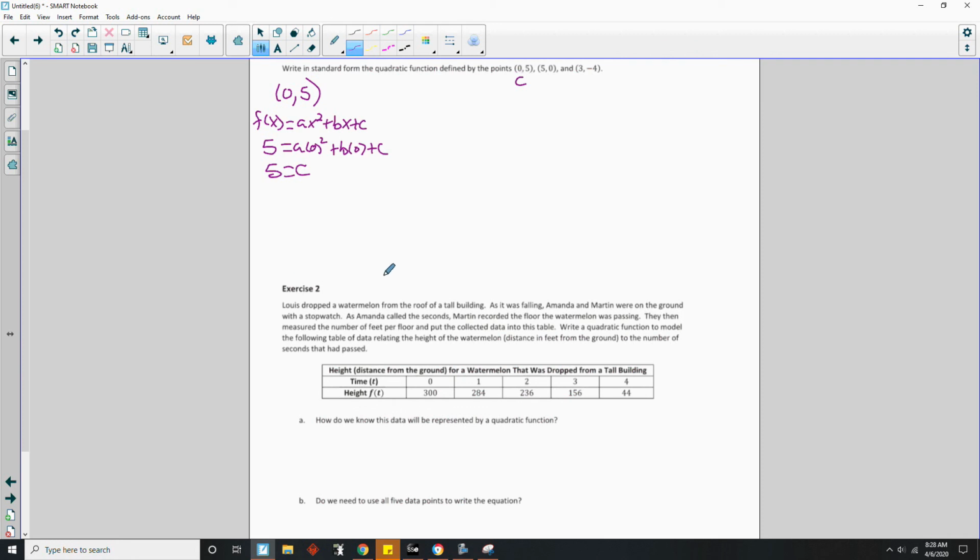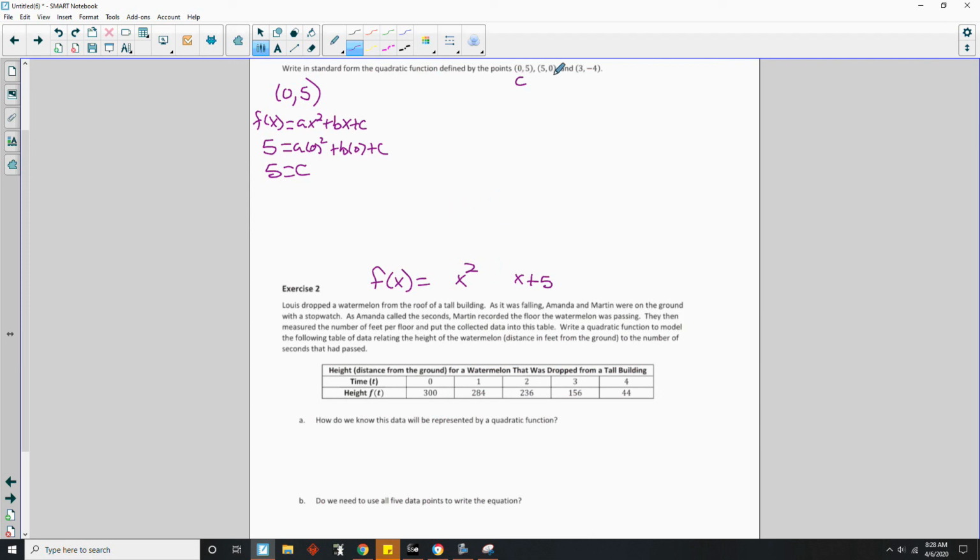Okay, there's our constant at the end of our quadratic. So my equation is going to be f of x equals some x squared plus or minus some x, and then at the end it's going to be plus 5. So we've got that component so far. We need our linear component, our sign, and our a. We need a, b, and we're done.